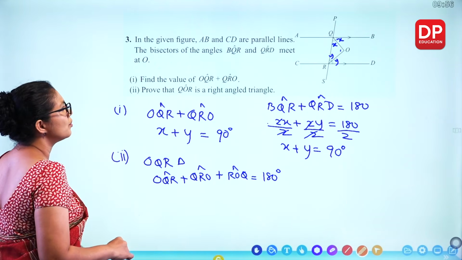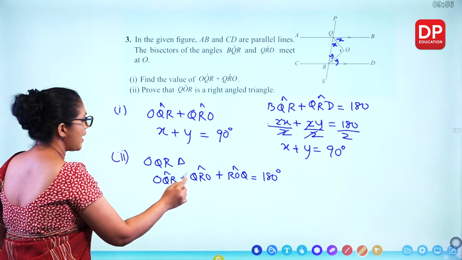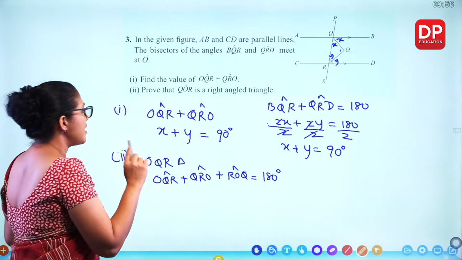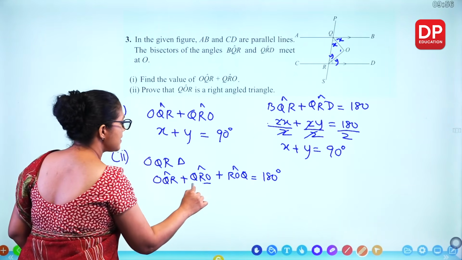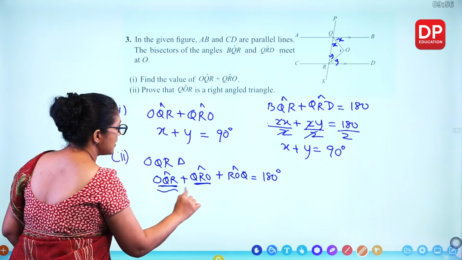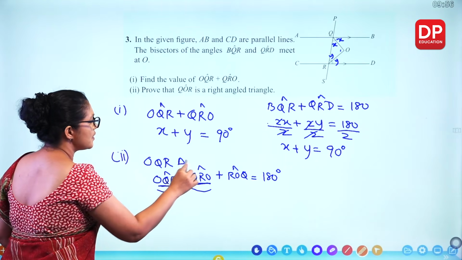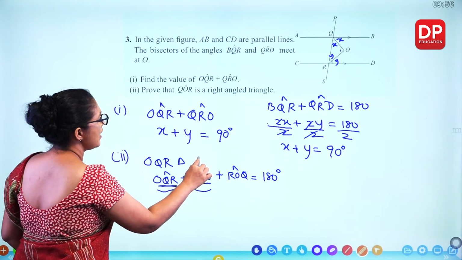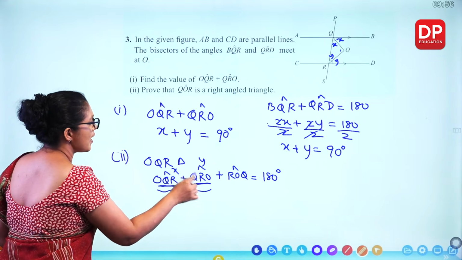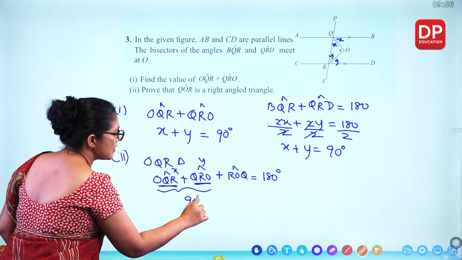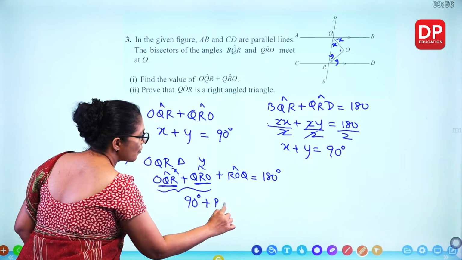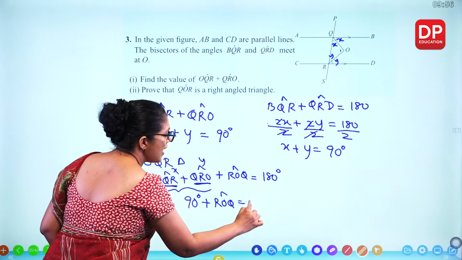But we know two angles, R and Q. This is Y, this is X. So X plus Y is 90. So 90 plus ROQ angle is 180.